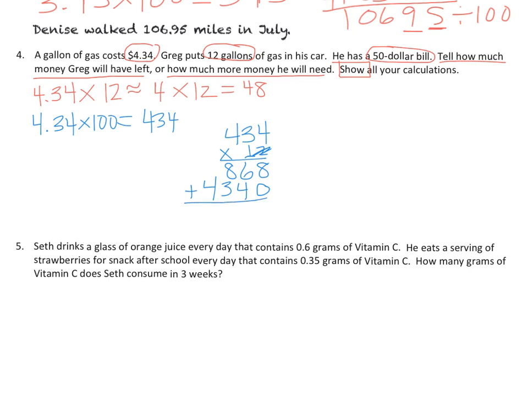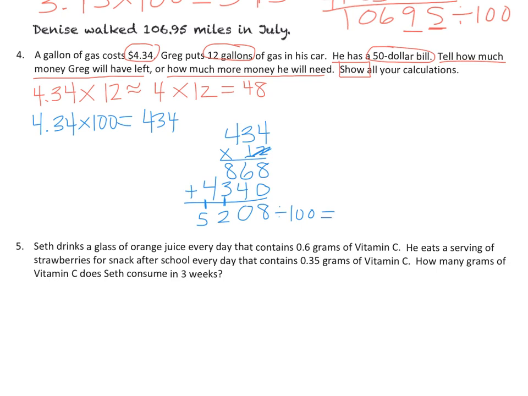Add that up. So we get 8 ones, 6 plus 4 is 10, so 0 and regroup the 1. Then you got 8 plus 3 plus 1. 8 plus 3 is 11, plus 1 more is 12. Carry your 1, and then 4 plus 1 is 5. We want to divide this by 100 to get the actual decimal, or money, since we're talking about money in this word problem.